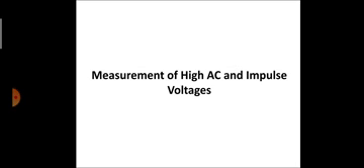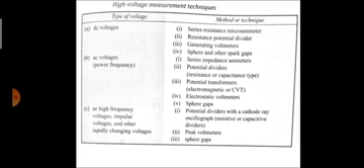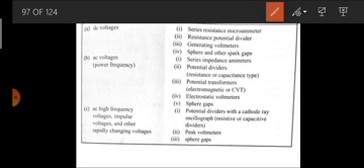If you go through the slides, you can see measuring AC voltages with power frequency and impulse voltages consists of series impedance meters, resistance or capacitance potential dividers, the potential transformers, electrostatic voltmeters, sphere gap measurement, peak voltmeters, and potential divider with cathode ray oscillograph.